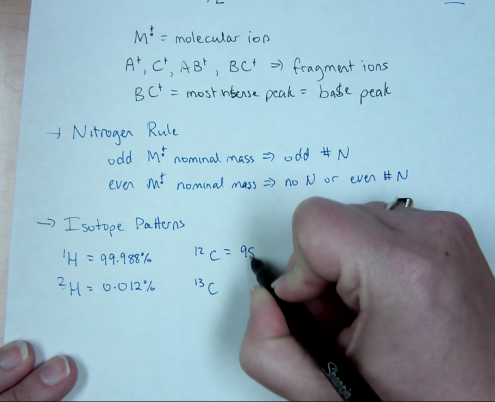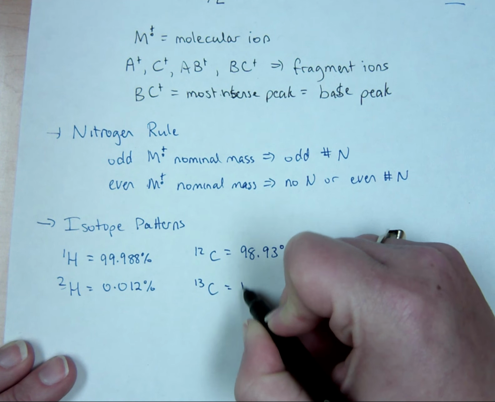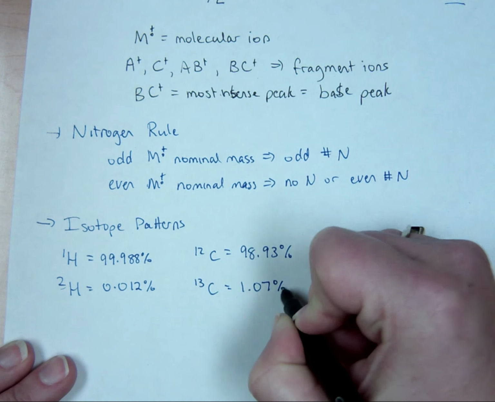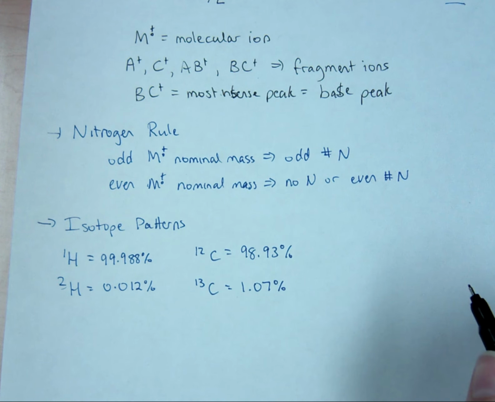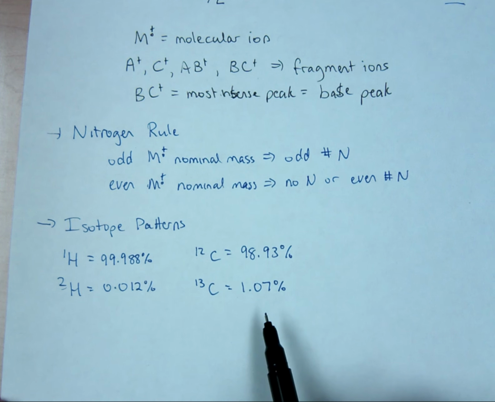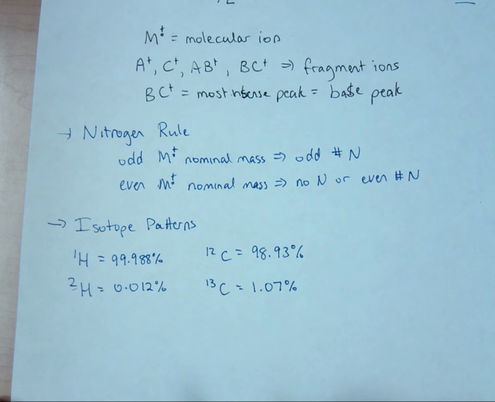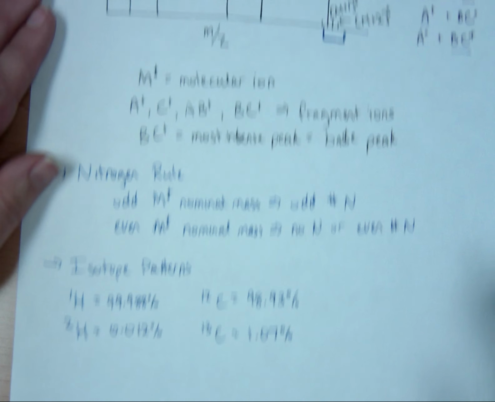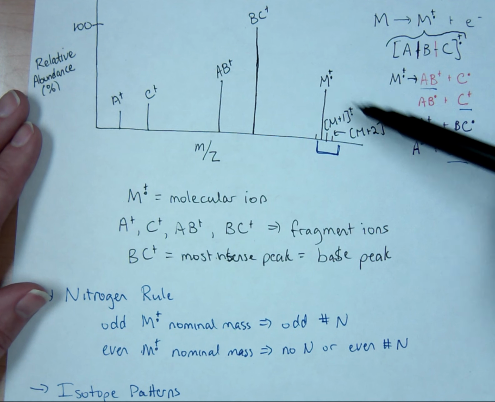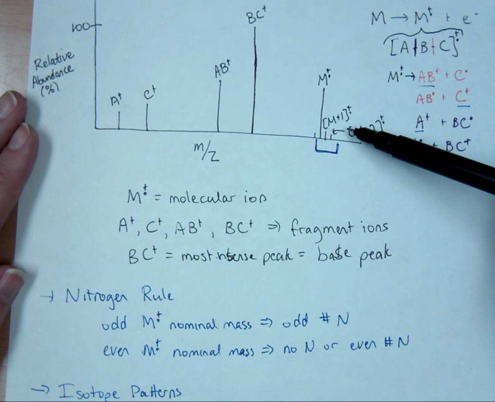Carbon 12 is more abundant, but we do get about 1% of carbon 13. Now what you'll notice is if this is 1% of carbon 13, that means 1% of the time our carbons are going to actually weigh more than 12. So when we think about this ratio of our molecular ion to our 1 plus isotope, this would be if you have one carbon that's a carbon 13.